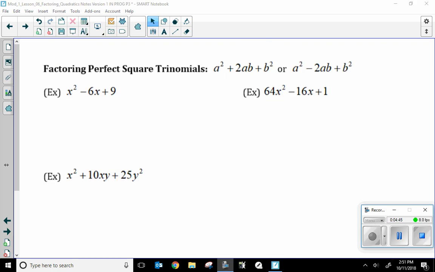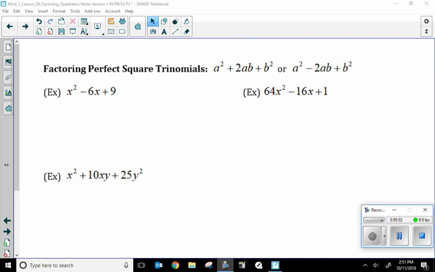All right, factoring perfect square trinomials. So if you have a squared plus 2ab plus b squared, or a squared minus 2ab plus b squared, this is kind of all confusing. I will explain what all that means momentarily.